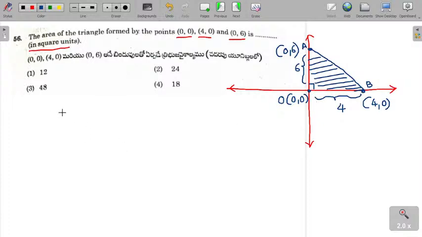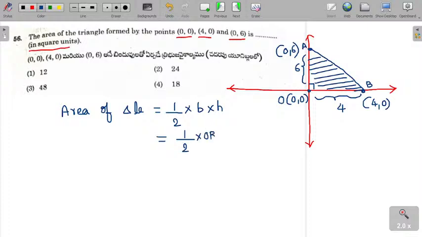Now the area of the triangle is equal to half base into height. Here this is the base, so that is half times OB. Height is OA. Let us substitute and simplify.